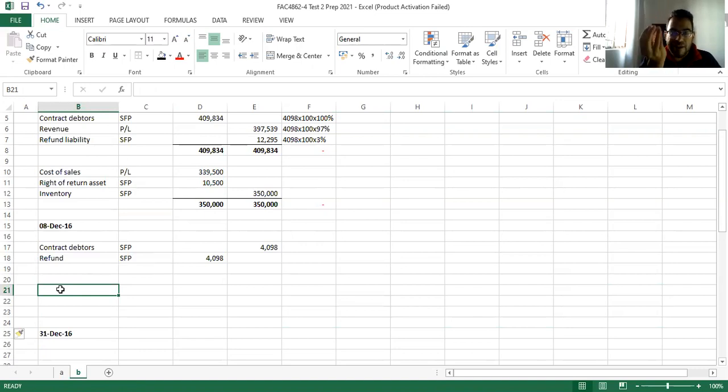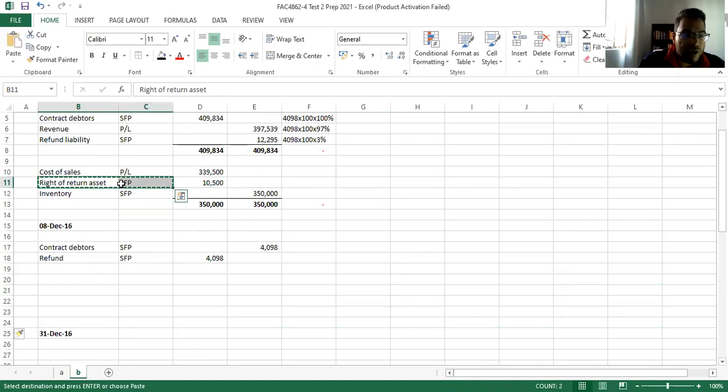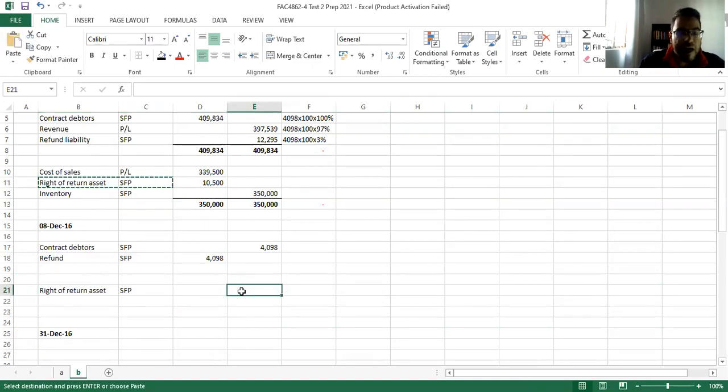So assets are decreasing, and assets decrease on the credit side. So for the right of return asset, we need to decrease it by the cost price.